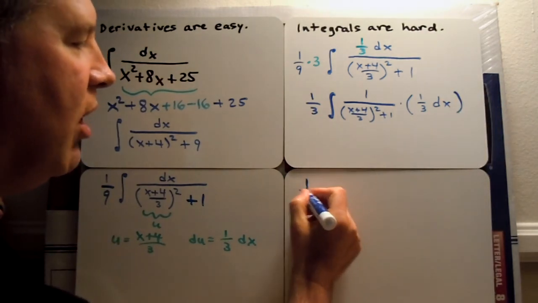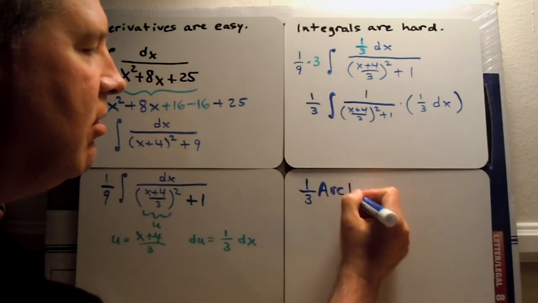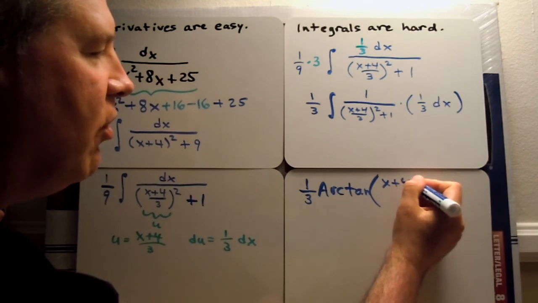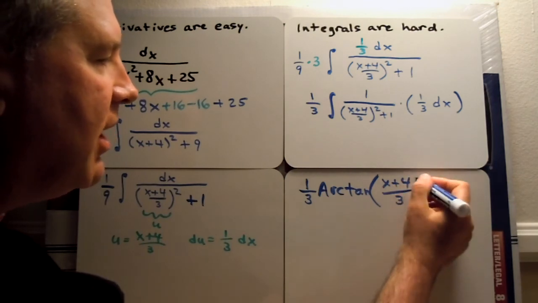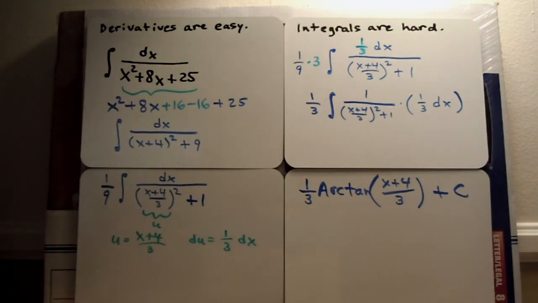And we have 1/3 arctangent of x plus 4 over 3 plus c.